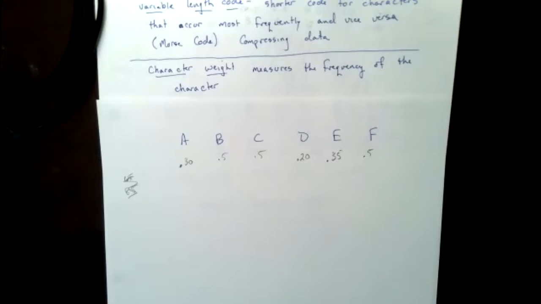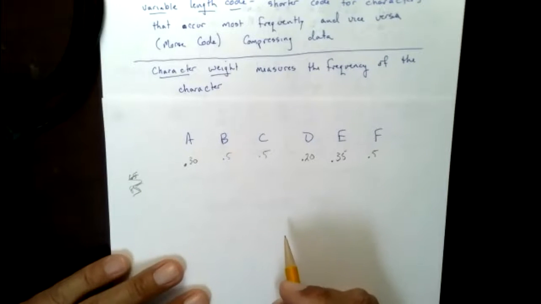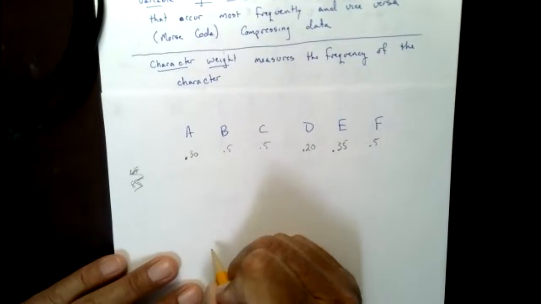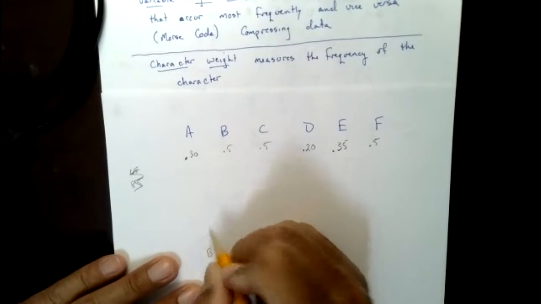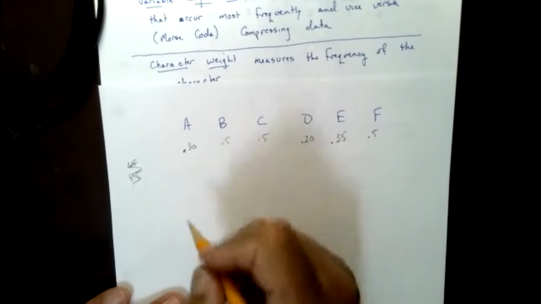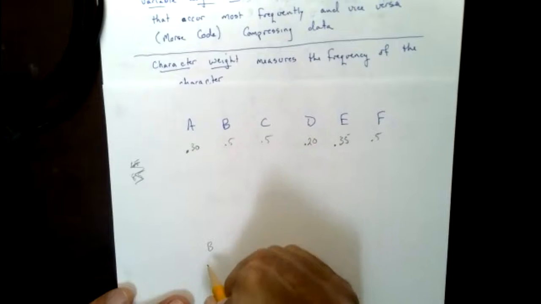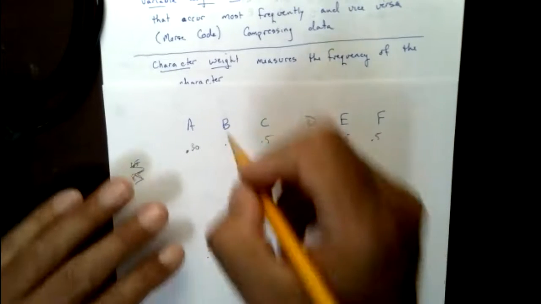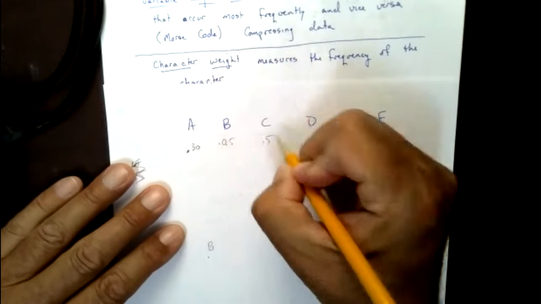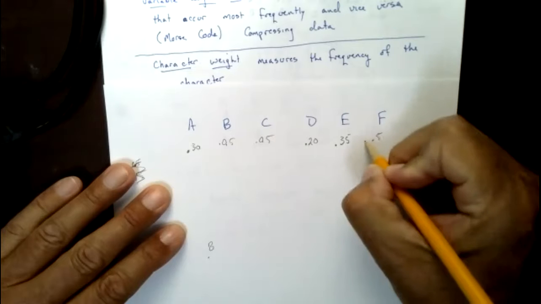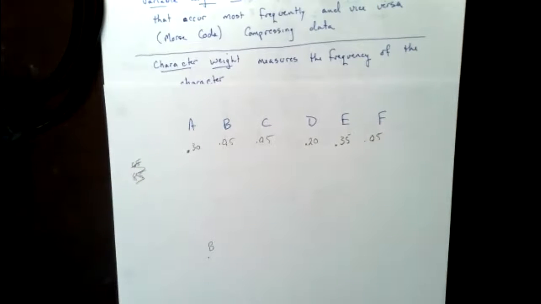Which 2 would you like to pick? Pick B. All right, good. So I'm going to pick B, and I know that the B is a 0.5, right? Hold on, nobody caught this. 0.05, 0.05, 0.05.